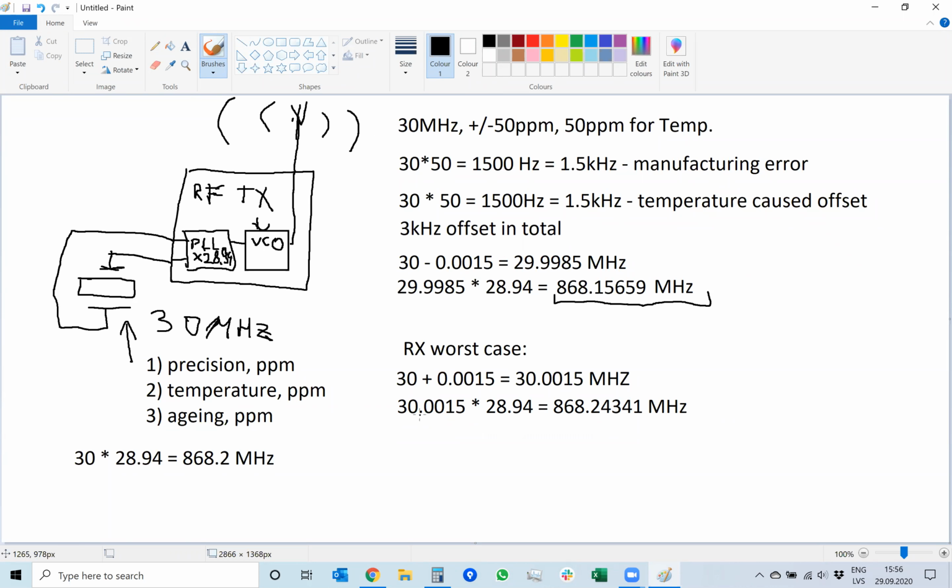But the receiver, because it is in a different environment with a different crystal, actually listens to a little bit different frequency, 868.24. You know, the total difference is approximately 80 kilohertz, which is actually really big if you think about it.